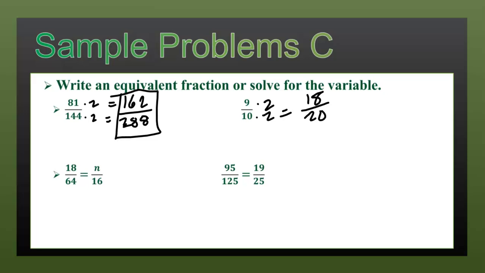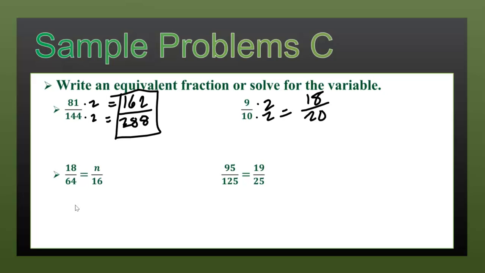And these other two, we're just finding out what n would be. So I know that 64 divided by 4 is going to give me 16. But I can't do 18 divided by 4, so let's do a different way.